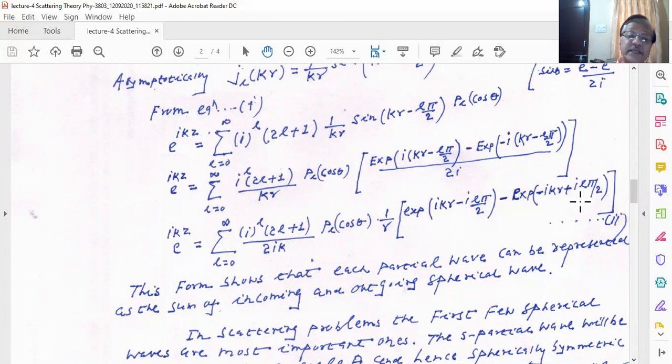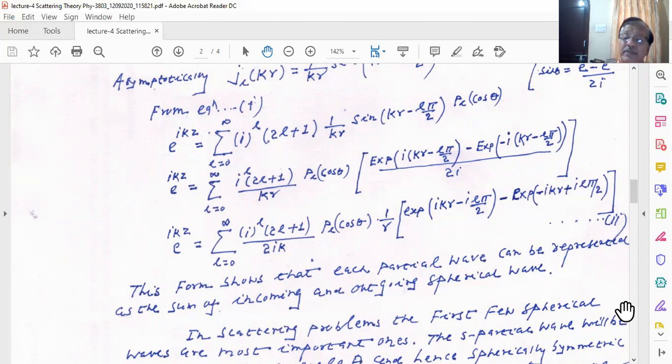So what we can say, and this equation shows, is that each partial wave can be represented as the sum of incoming and outgoing spherical waves. Incoming is e to the power plus ikr, and outgoing spherical wave is the term minus e to the power minus ikr plus L pi by 2.